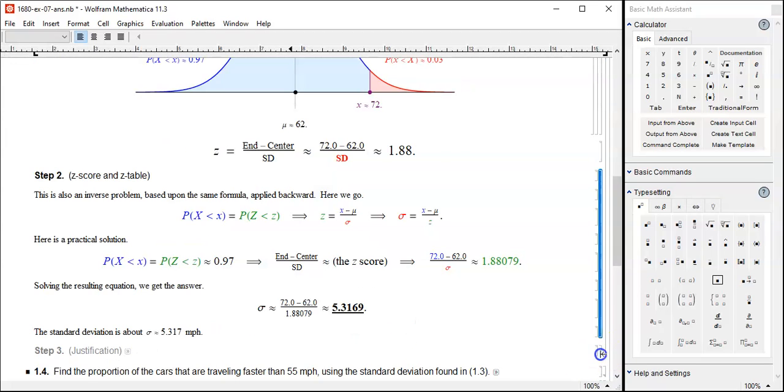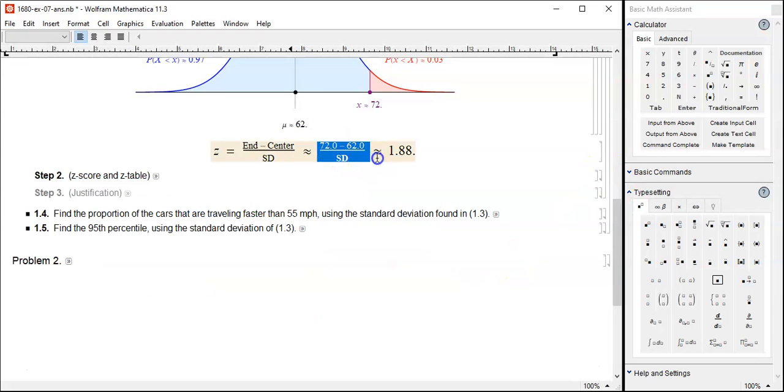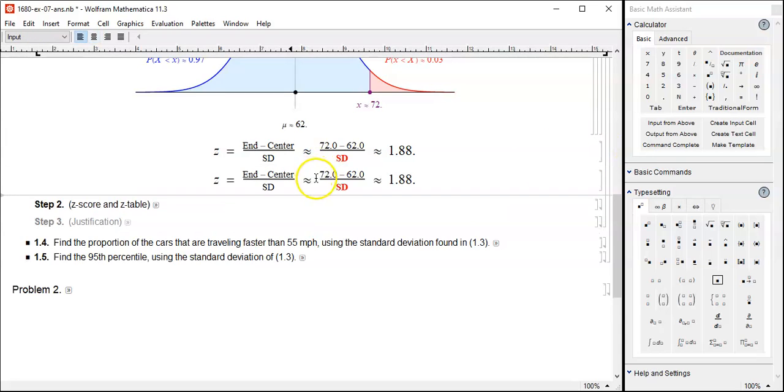It's just an algebra exercise. And here we go. Down here equals. So all you have to do is exchange these two. Font is a bit too small there, so let me copy and paste this one and then go from there. Let's see, 72 minus 62, so we have 10.0. And then here, what I'm going to do is multiply by SD, divided by 1.88.